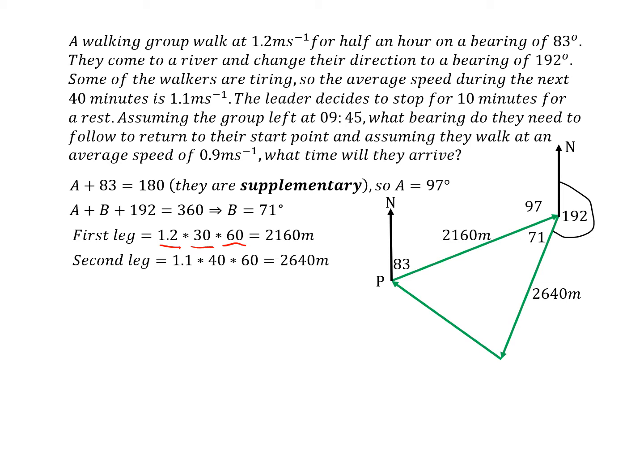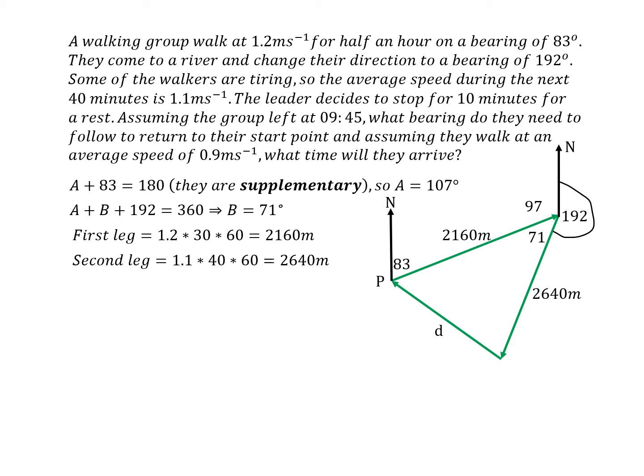So the next thing I want to do, with the information I've got here, is to find the length of the third leg of the journey. So if we call the length of the third leg D, then how are we going to set about calculating D? We've got a triangle here, we've got two of the three sides, we're trying to find the third, and we've got the angle there, 71 degrees.